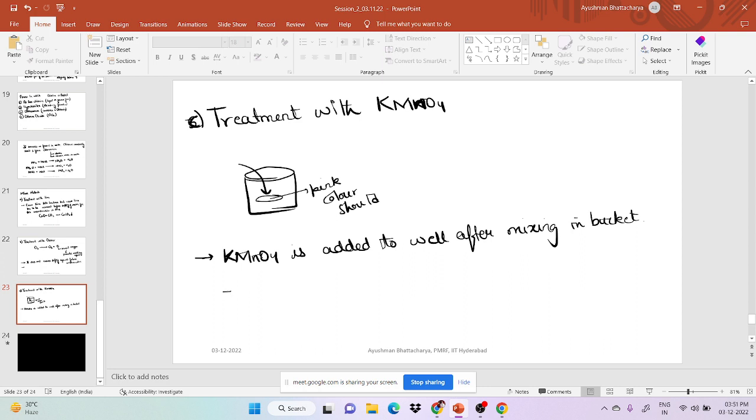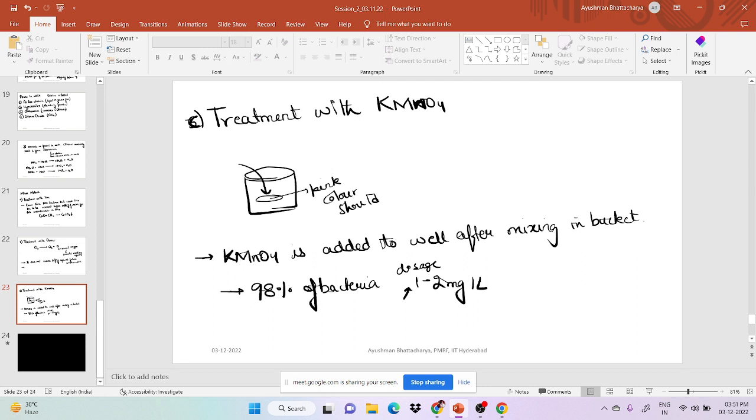It removes around 98% of bacteria, and the dose is normally 1 to 2 milligram per liter.